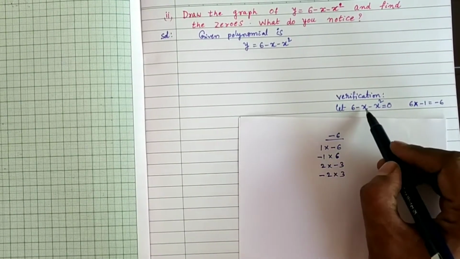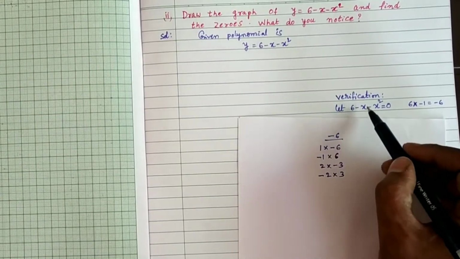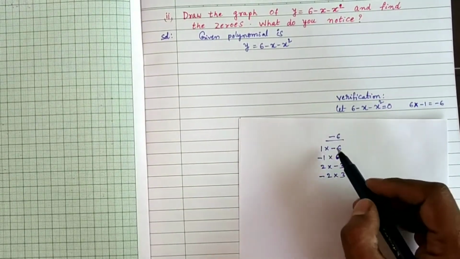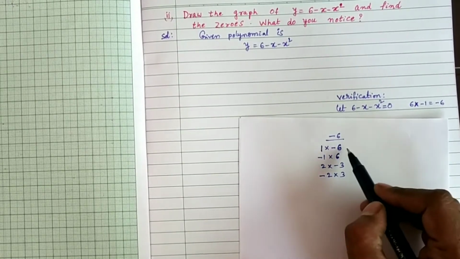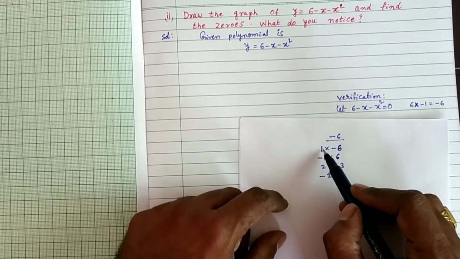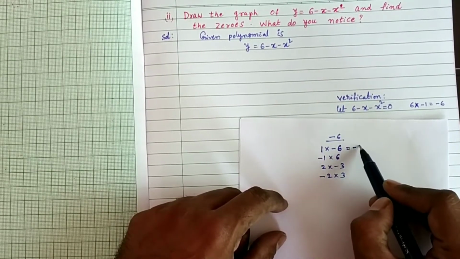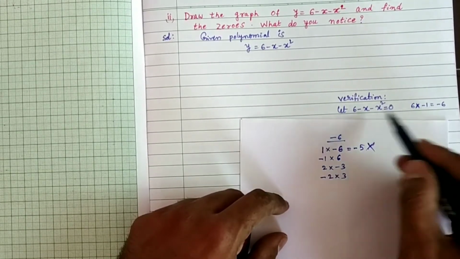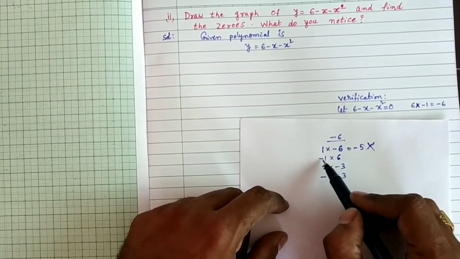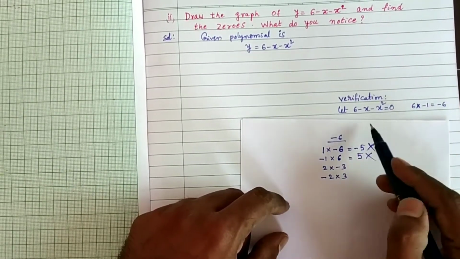So the coefficient of x is minus 1. After adding each combination, we need to get minus 1. 1 plus minus 6 is minus 5, so this is not suitable for splitting. Minus 1 plus 6 is 5, so this is also not suitable.